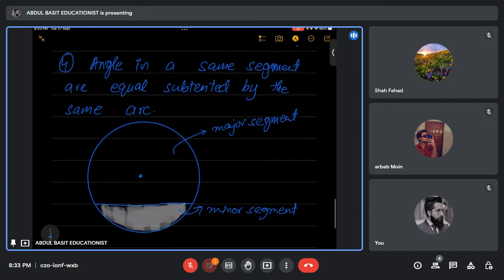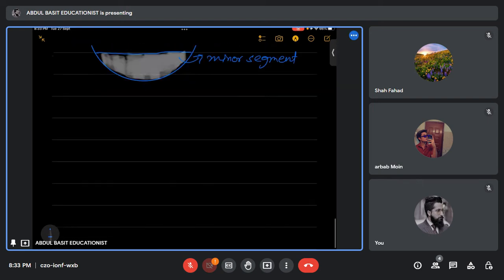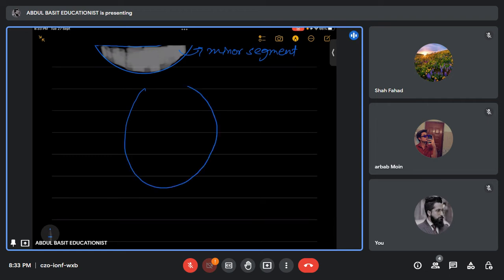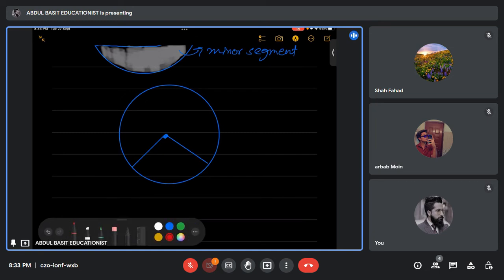So for example, angles in the same segment are equal, subtended by the same arc. इसका मतलब क्या है? Let's see this. So for example, if this is a circle, ये मैं एक सर्कल आपके सामने बना दिया, ये सेंटर हो गया.